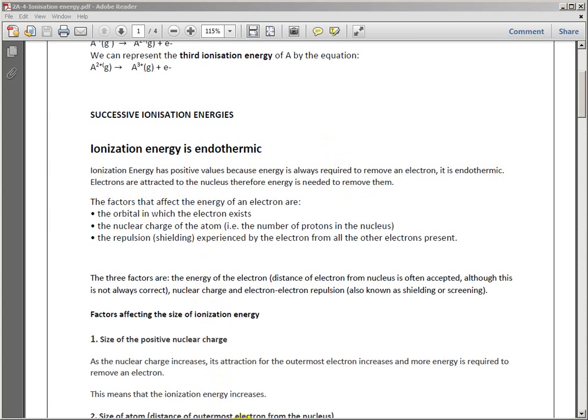Do you know what the three factors are? The nuclear charge of the atom, like the number of protons in the nucleus, the orbital in which the electron exists, the electron repulsion, and the shielding effect.